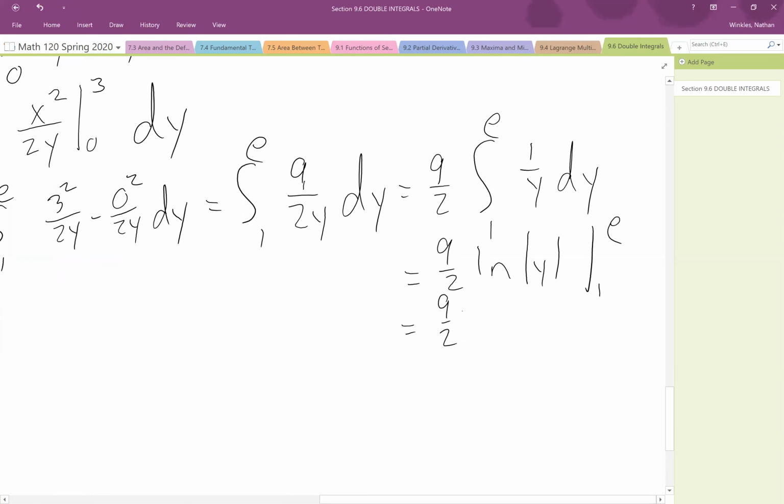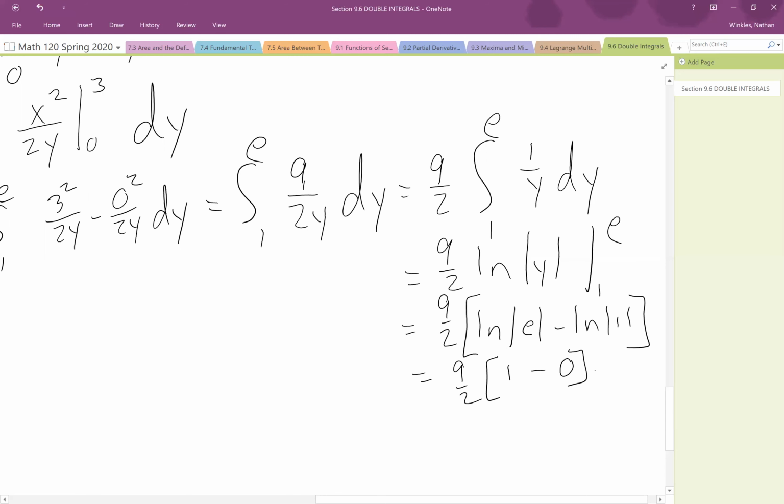So this is 9 over 2 times ln absolute value of e, minus ln absolute value of 1. We know that ln and e are inverses, so they cancel out, leaving us 1. ln of 1 is 0.